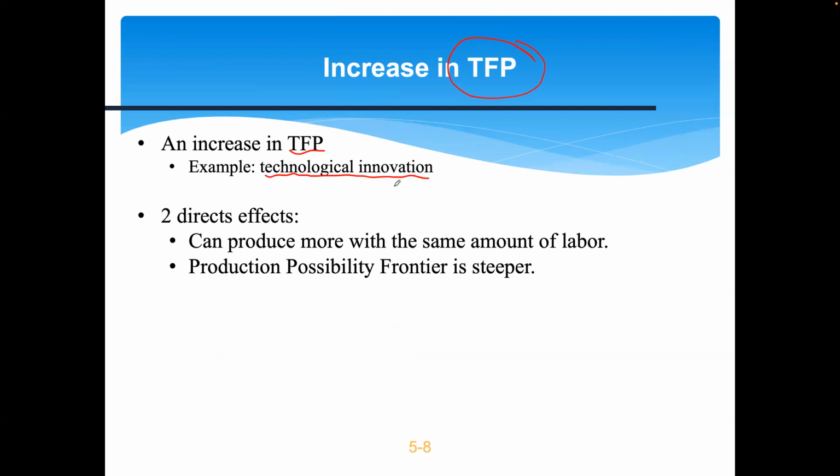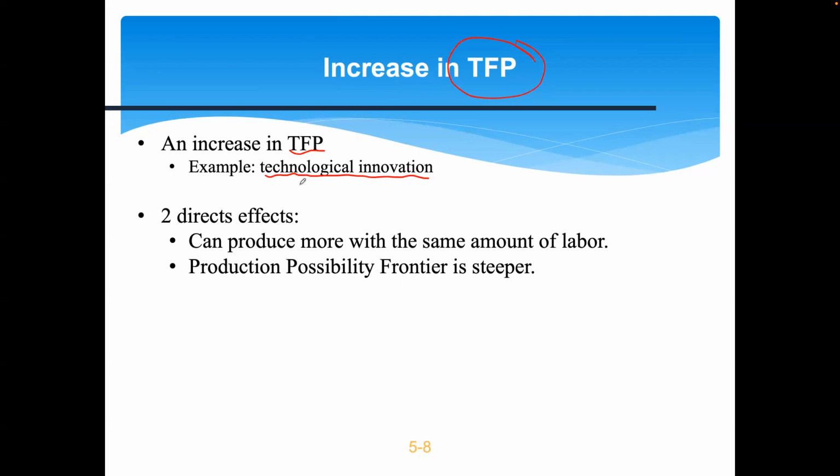The introduction of, I think it started in 1980, the personal computer, like 2000, the widespread use of the internet, and now also you have artificial intelligence, right? So those are considered an increase in TFP, because that just improves how we produce, improves our technology level.